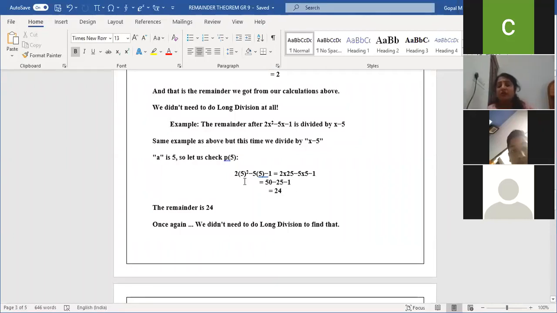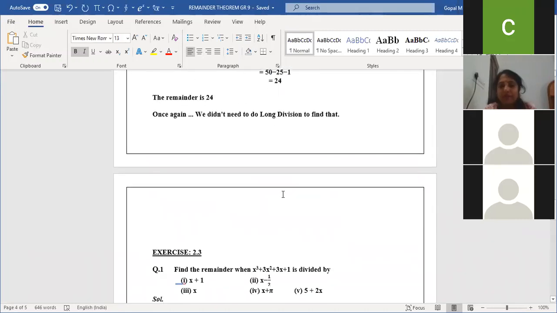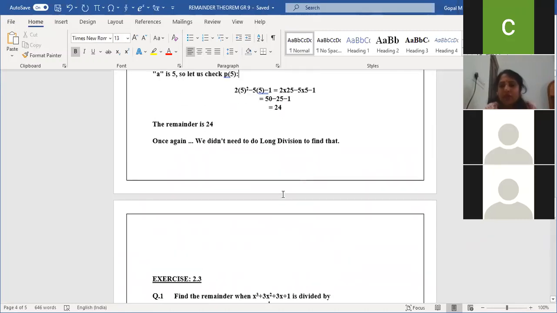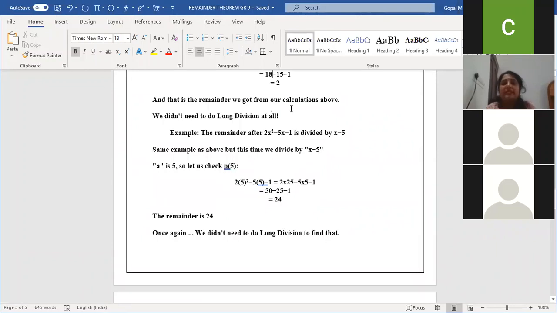Even if from x minus 5, you divide 2x square minus 5x minus 1 by using the long division method, we will be getting remainder 24. Am I clear, children? Yes, ma'am. So today, 2x square minus 5x minus 1 divided by x minus 3, I've shown both the long division method and the remainder theorem.